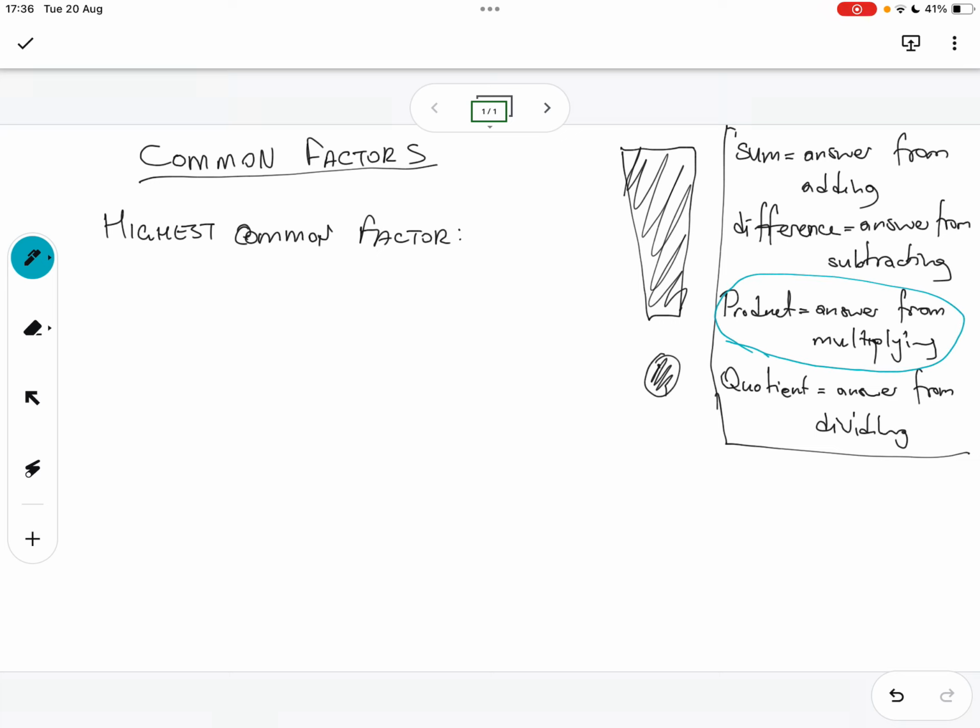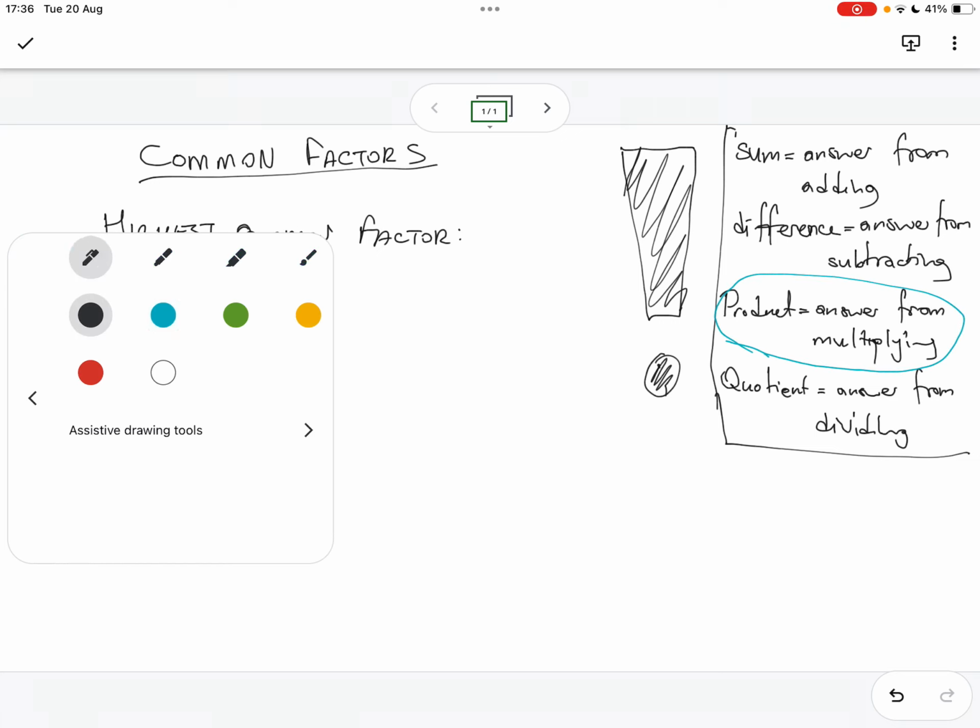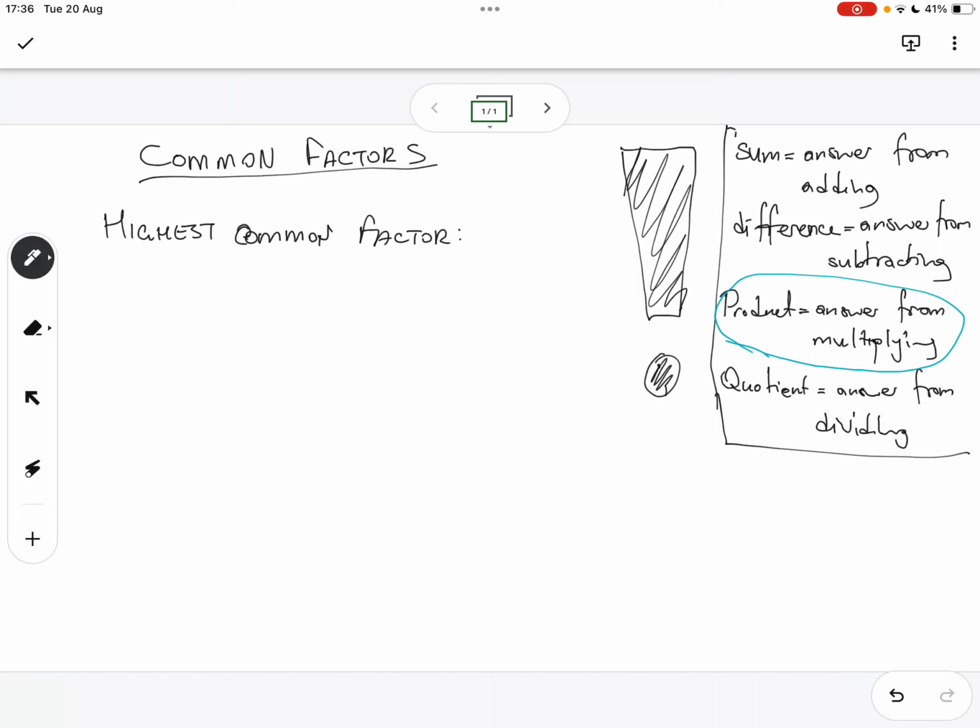Now read the next part. To check factorization, multiply out the brackets. The answer must be the original expression. So what are they saying in those two paragraphs?